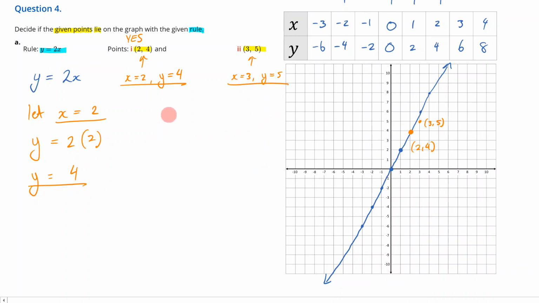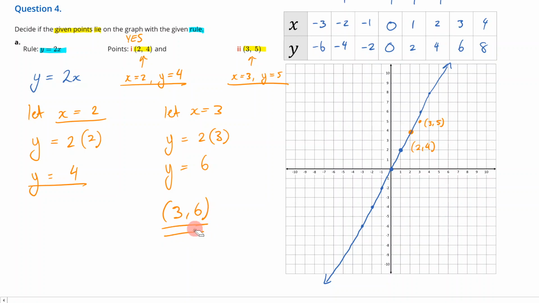So we could say, all right, let x be equal to 3. And what this is telling me is that, well, when I let x equal 3, does y equal 5? Well, if I do that, I get y equals 2, and into my x bar I'm going to put 3. So that means I'm going to get y is equal to 6. So that means the point here is actually (3, 6).